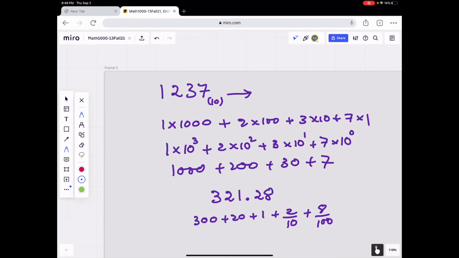All right, so you can write it out in powers at the base of 10: 3 times 10 to the 2, plus 2 times 10 to the 1, plus 1 times 10 to the 0, plus 2 times 10 to the negative 1, and then plus 8 times 10 to the negative 2.